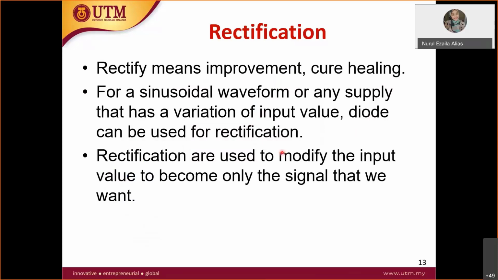The diode allows current to pass through, so it allows the positive cycle only, not the negative cycle. In this case, rectification is used to modify the input value to become only the signal that we want.